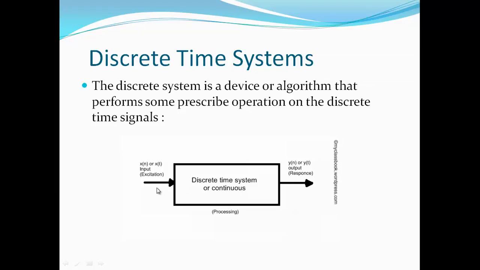So your discrete time system is a device or an algorithm that performs some prescribed operation on the discrete time signal, fine. Thus the discrete time system has an input or excitation and the output or the response.